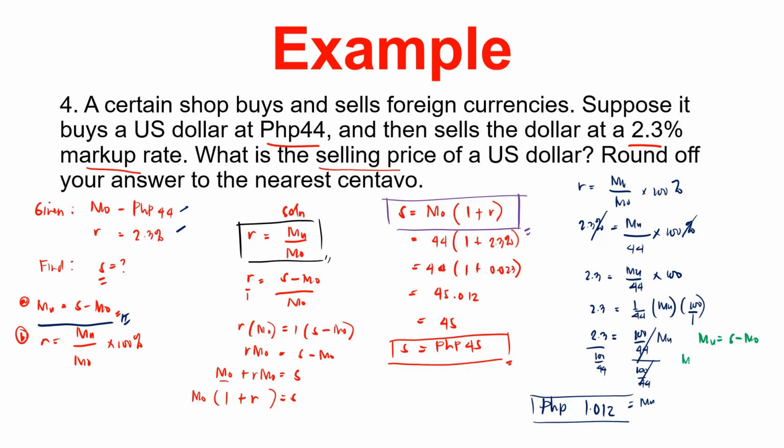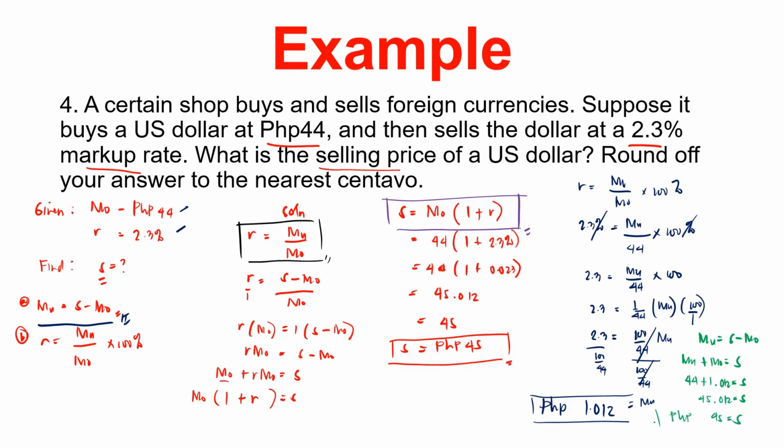So, we have markup plus cost price is equal to selling price. Ang cost price mo ay 44. Ang markup mo ay 1.012. Then, add them, you will have 45.012 si selling price. And sabi dyan sa problem, round off your answer to nearest centavo. So, 45.